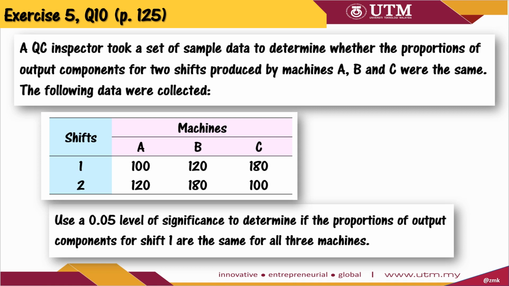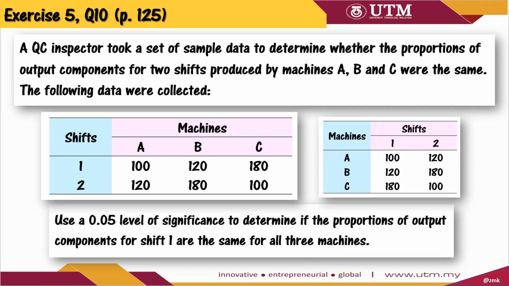The data can also be tabulated in a 3x2 contingency table like this. Either using the first table or the second table, it does not affect the homogeneity test that we have in this question, where we are to test if the proportions of output components for shift 1 are the same or homogeneous for all three machines.